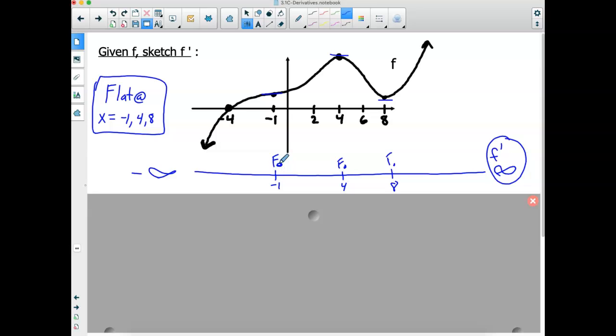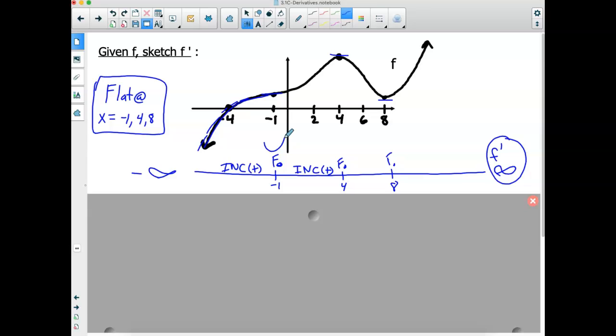Now, what I see to the left, up to my first flat, I'm increasing, meaning positive. To the right of that first flat, I'm still increasing, positive. You know what increasing, flat, increasing means? That means bounce. That's exactly what that means, okay? So that's really what I'm picturing here.